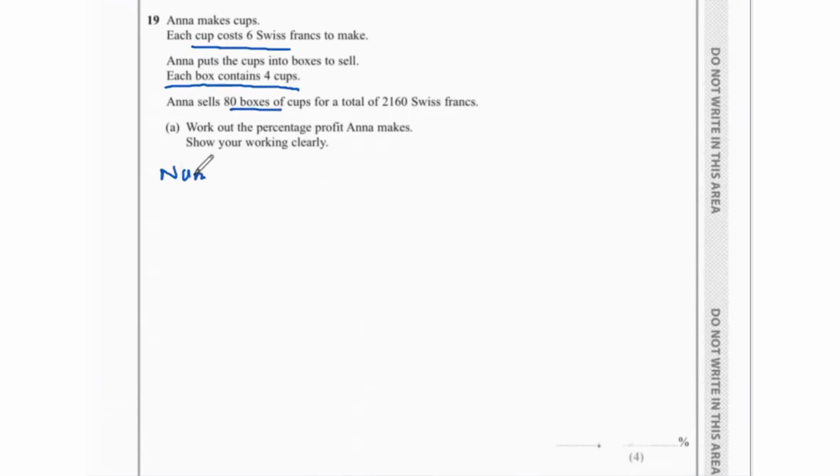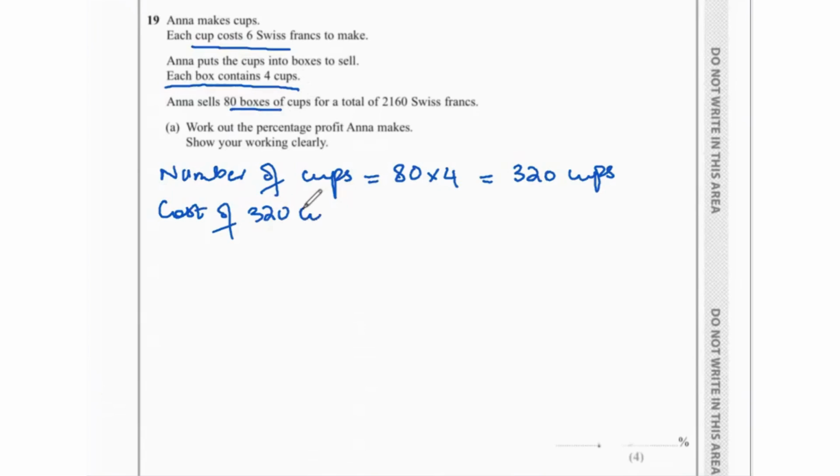So the number of cups is going to be 80 times 4, because one box has 4 cups. So 80 boxes will have 320 cups. That's the first thing. Now the cost of 1 cup is 6 Swiss francs. So the cost of 320 cups is going to be 320 times 6, which equals 1,920 Swiss francs.